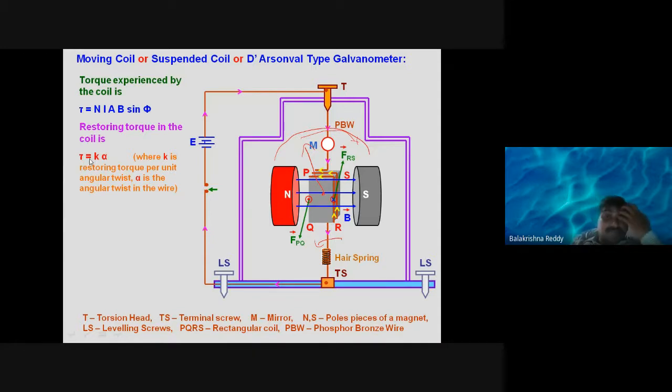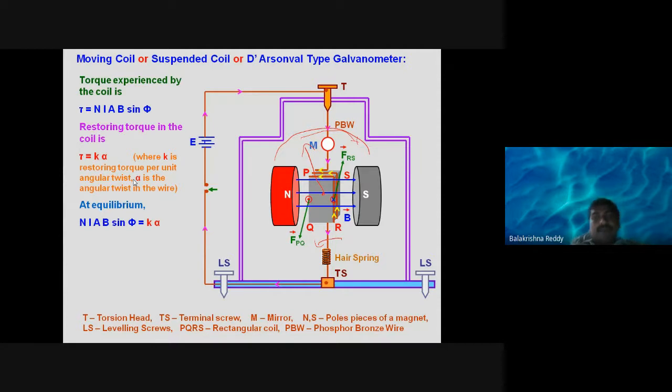So tau is directly proportional to alpha, which we call the angular twist. When I remove the proportionality, I have a constant k. That k is called restoring torque per unit angular twist.